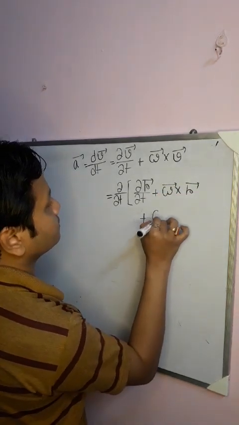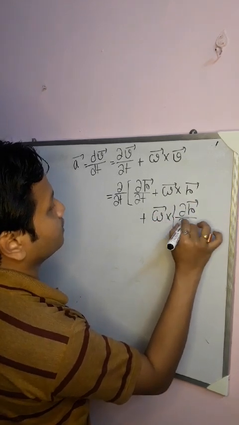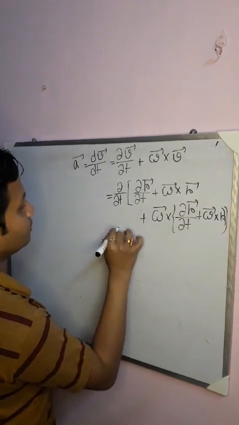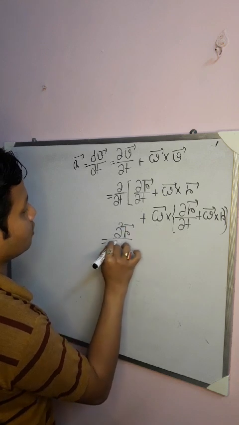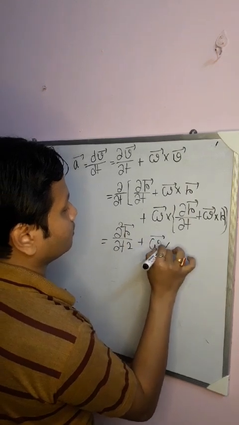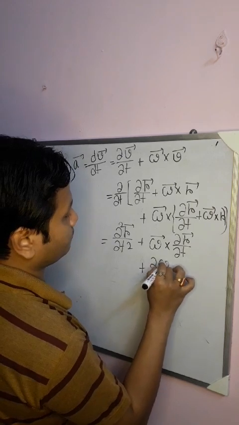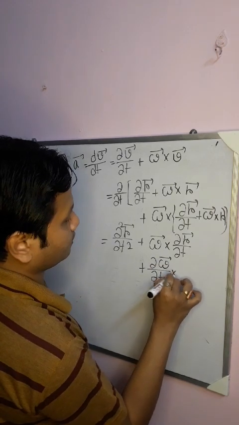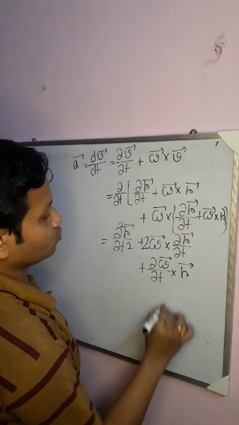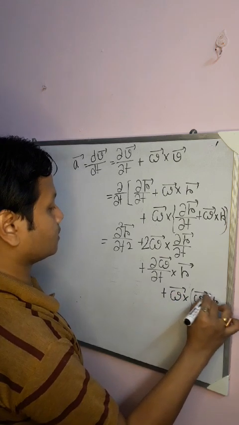Plus this is simply del r/del t plus omega cross r. So this is simply del 2r/del t2, plus, using d/dt of a cross b equals a cross db/dt plus da/dt cross b, omega cross del r/del t, that means 2 times the term, plus omega cross r.